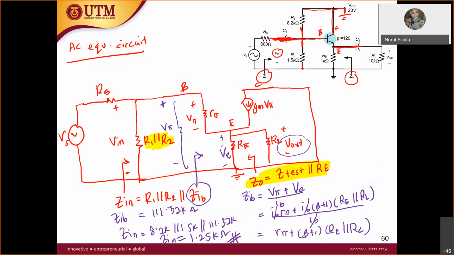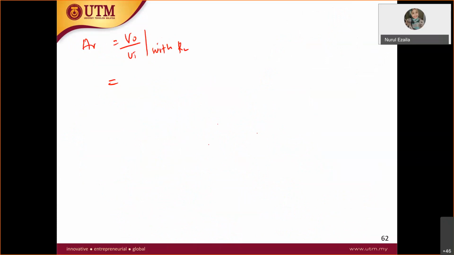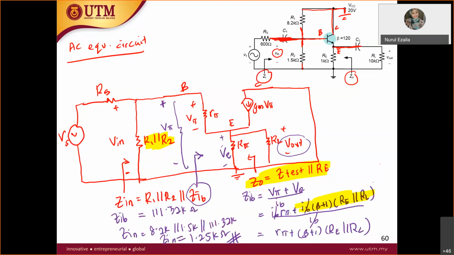Therefore, I can say that it is equal to this portion, same thing here. So it's equal to IB beta plus 1 RE parallel with RL.